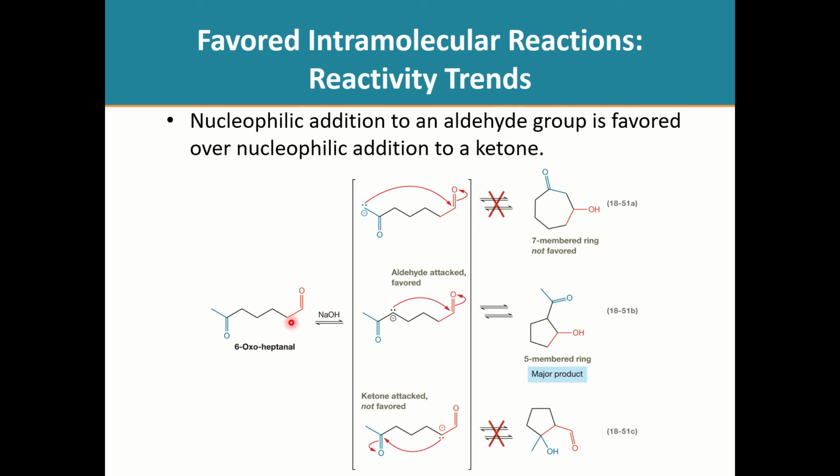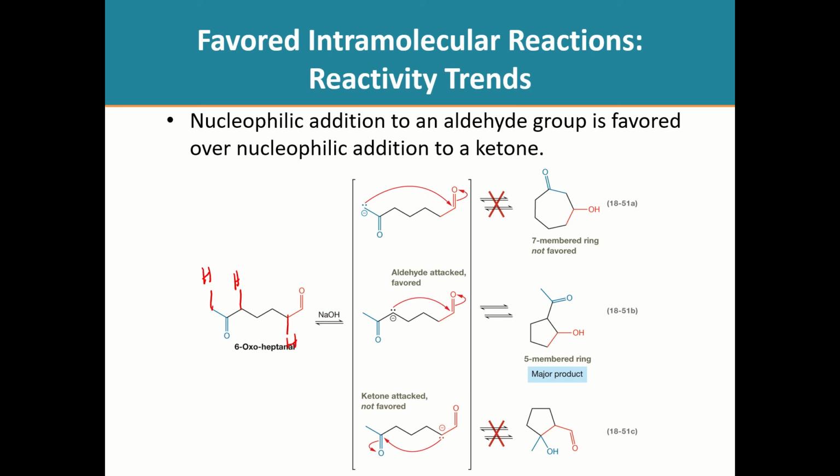Both the aldehyde and the ketone have alpha protons. And we can draw them in. There's an alpha proton on this carbon, that carbon, and that carbon. So the base has an opportunity to rip off 3.